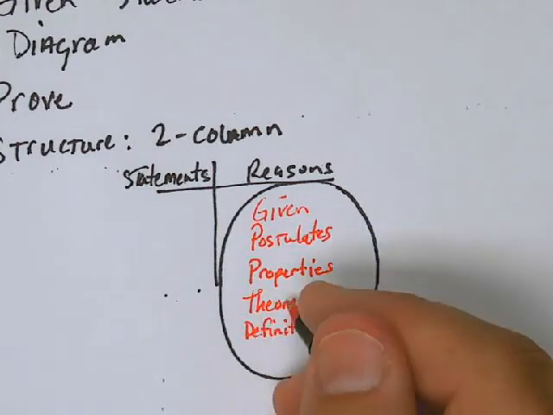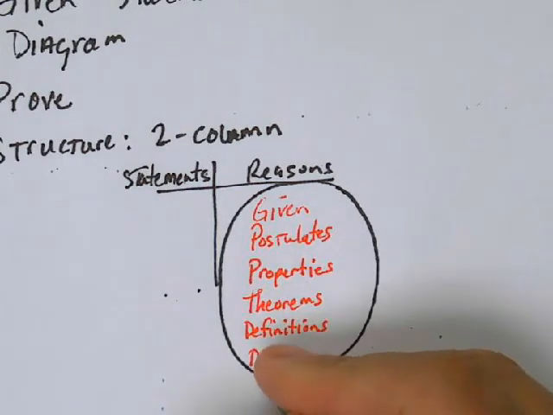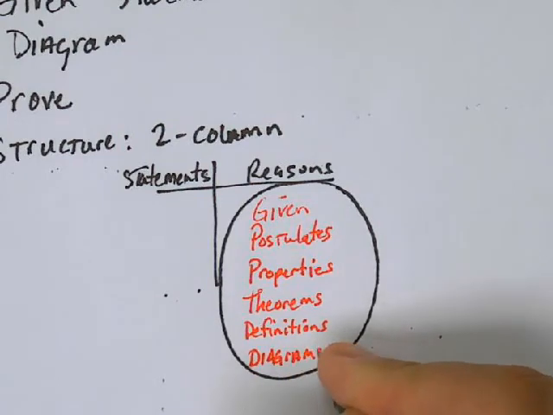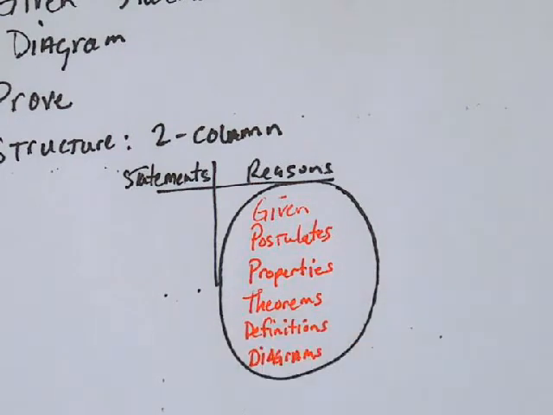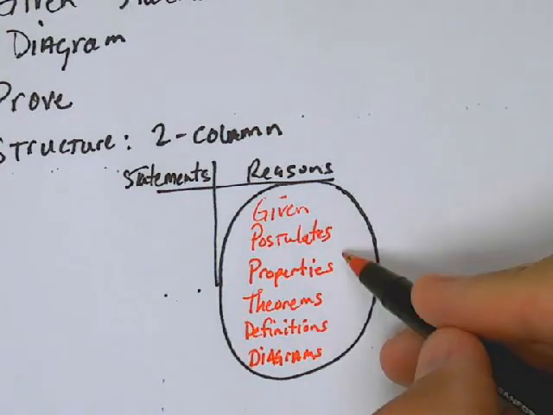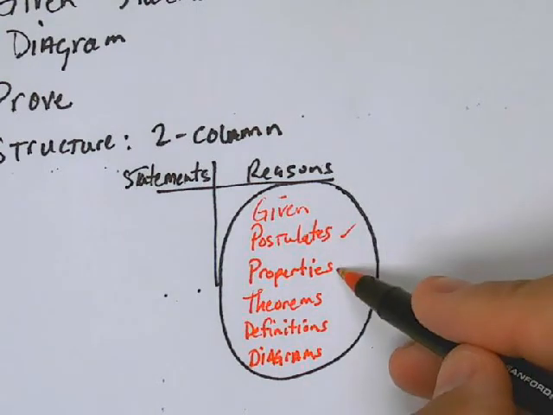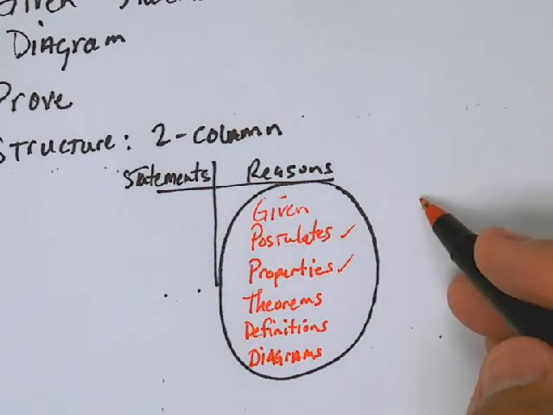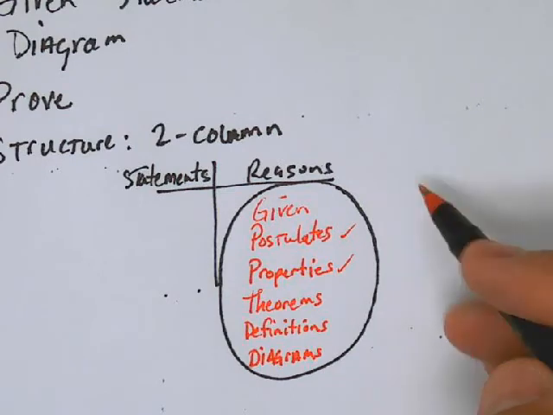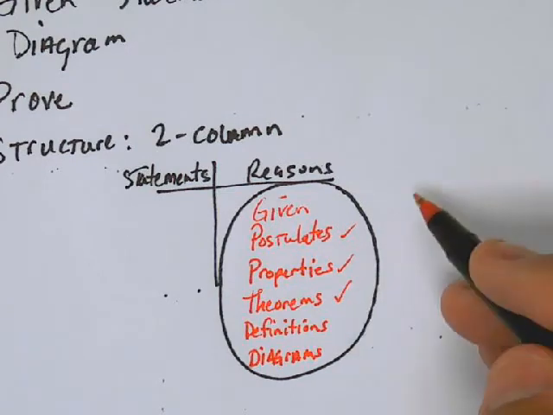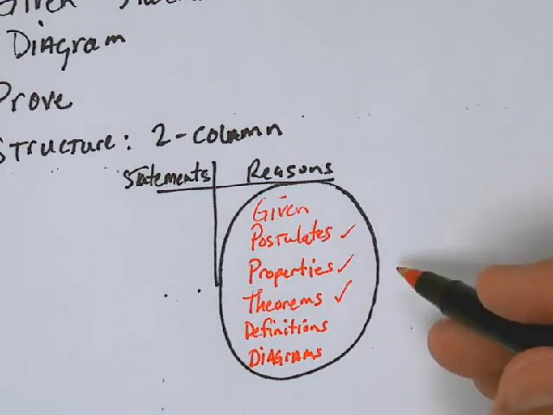I'm going to cautiously write this one. You can use diagrams, but usually got to have a reason for it. Postulates we've started talking about already. Properties, a lot of those have been from algebra, but we've written a lot of them down already in our notes. Theorems we start using a lot more as we keep going here.